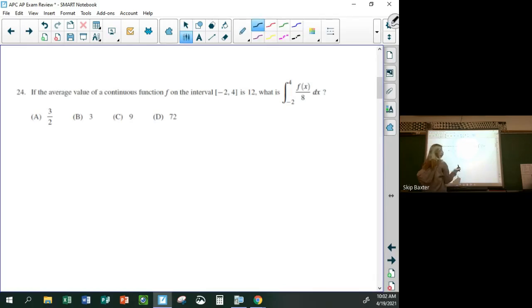Well, I just did 12 and 5, right? No, they're not saying the function equals 12. They're saying that the average value is 12.